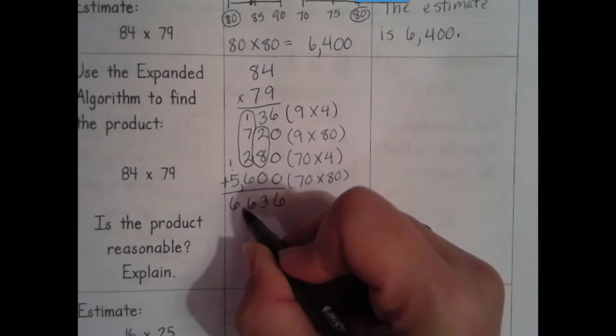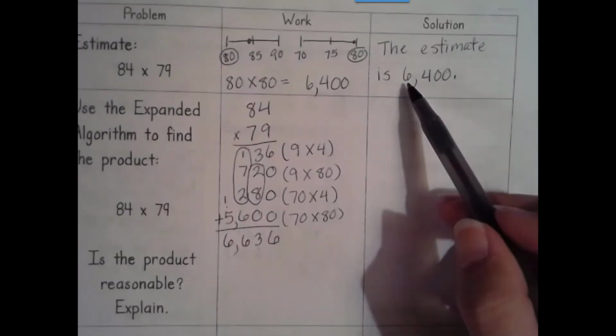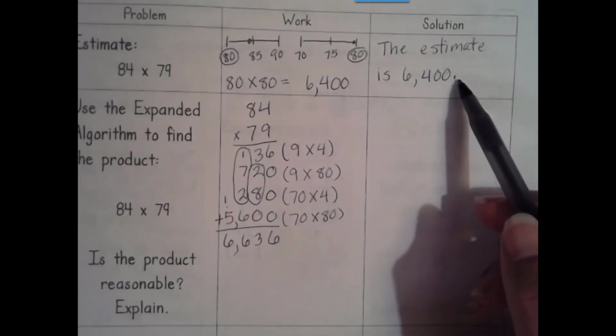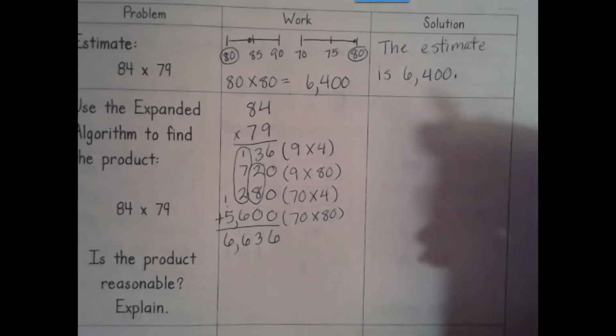1, 2, 3, comma. Is that close to our estimate of 6,400? Yeah, it's 236 away, so that's pretty close. It's within reasonable range.